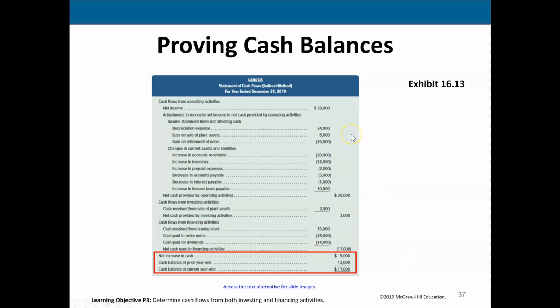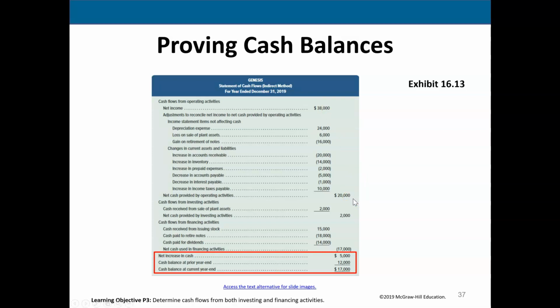When looking at the operating activities, we looked at the current assets and liabilities and all of the changes. And we came up with a net cash provided by operating activities of $20,000. So we started with our net income of $38,000.